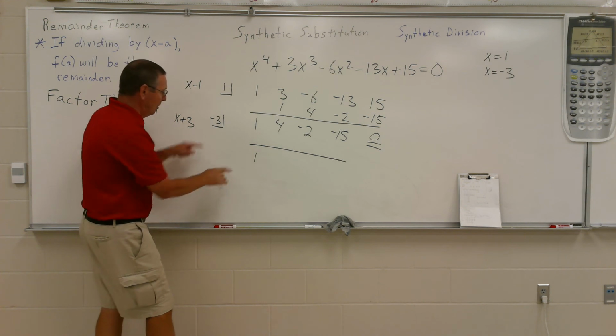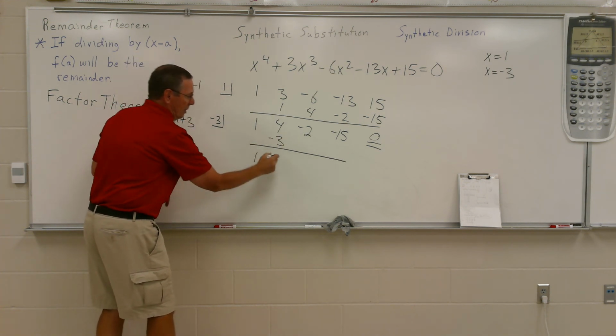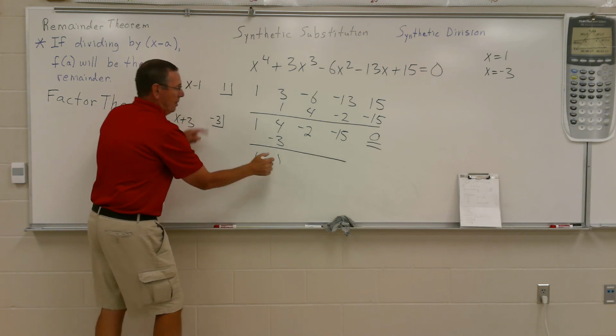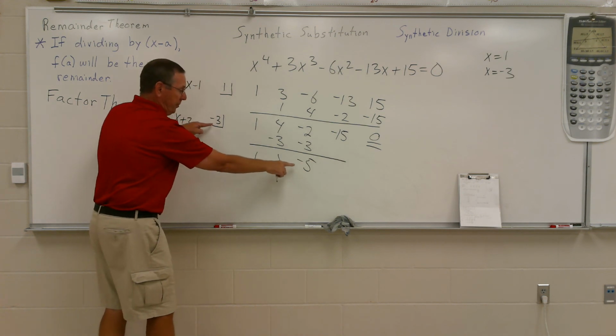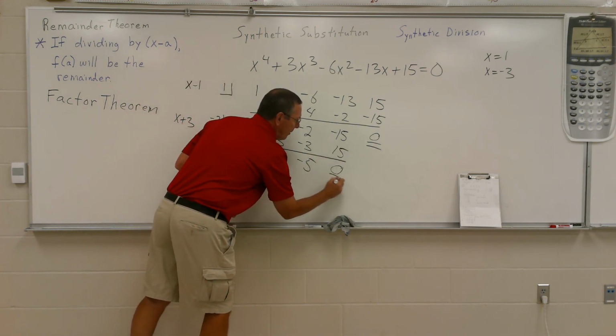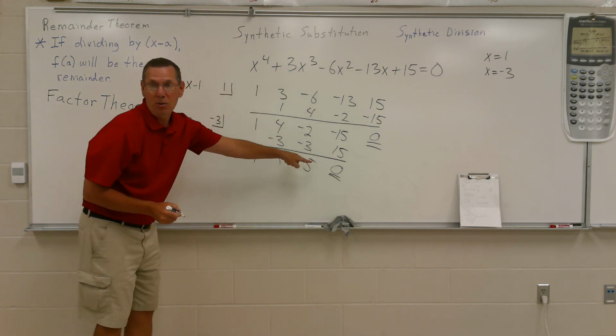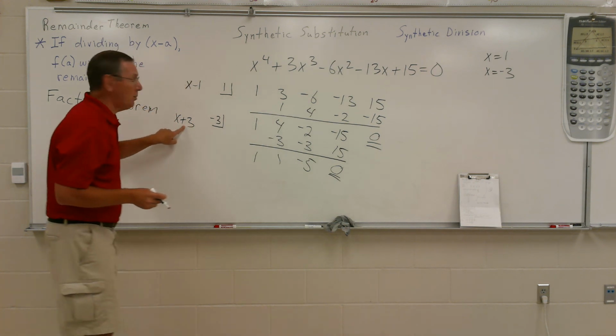Jessica, multiply by negative 3 and add. 1. Multiply by negative 3 and add. Negative 5. Multiply and add. 0. Why are you smiling? Are you happy you got a 0 there? Yep. If negative 3 is an answer, then x plus 3 has to be a factor.